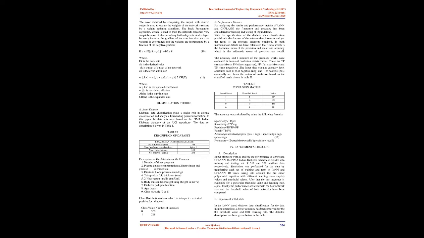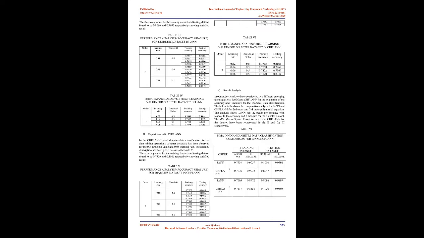Where e_k is the error rate, d_k is the desired value, y_k is the output of the network, and e_k is the error at kth step. Where w_j(k+1) is the updated coefficient, w_jk is the old coefficient, alpha is the learning rate, and Ch(x) is the expanded unit.